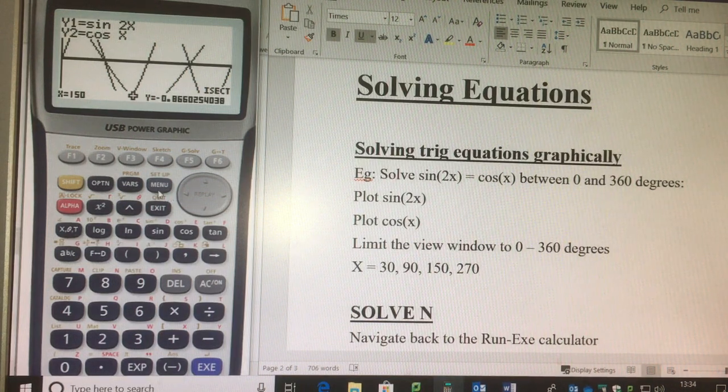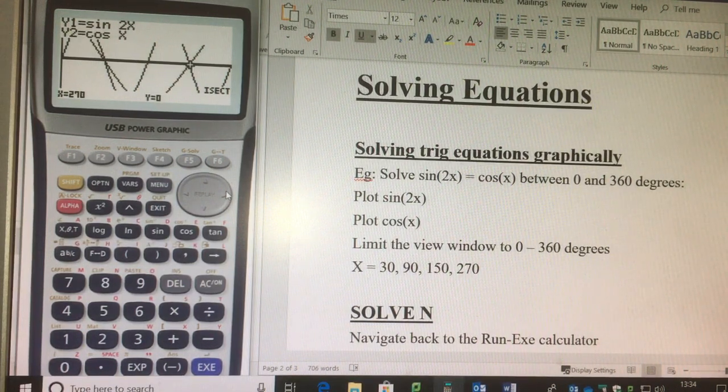So you should get 30, 90, 150, 270. And you can scroll left to right to find all those intersections. Everybody wrote that? Yeah, so plot them, solve where they intersect, and you're essentially solving the two equations.